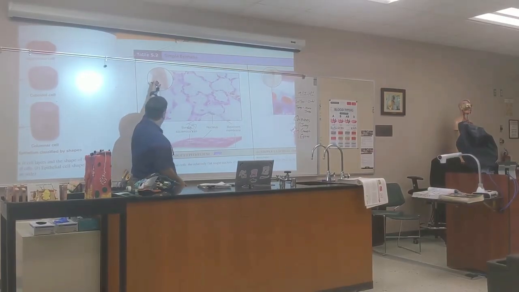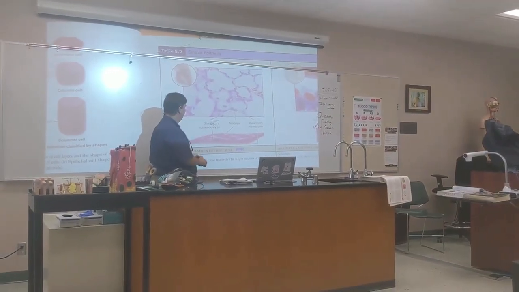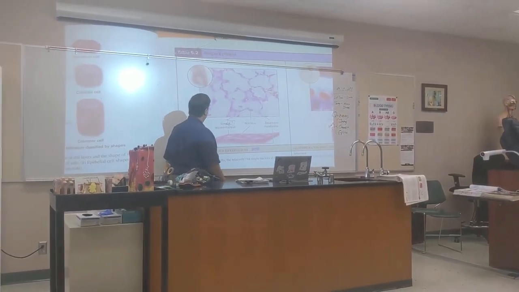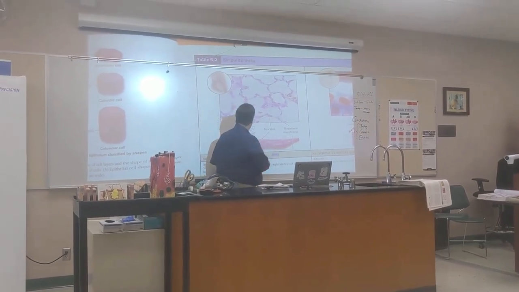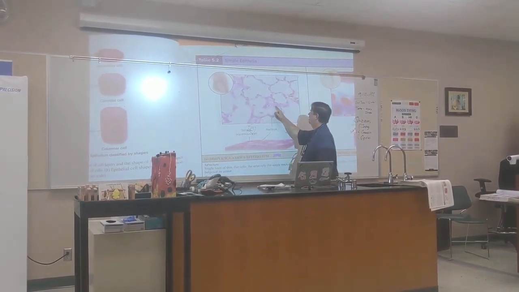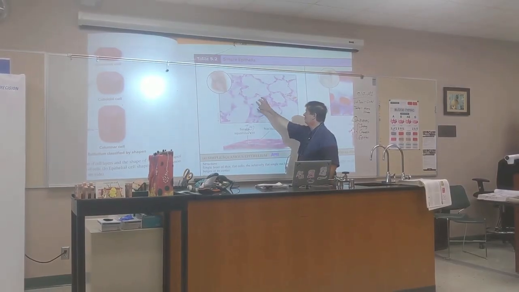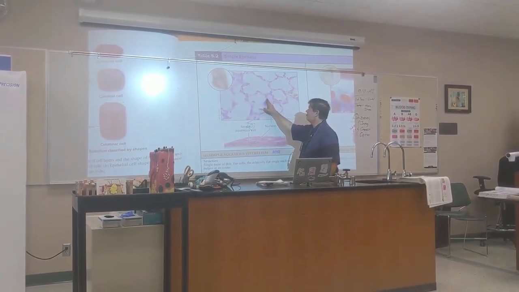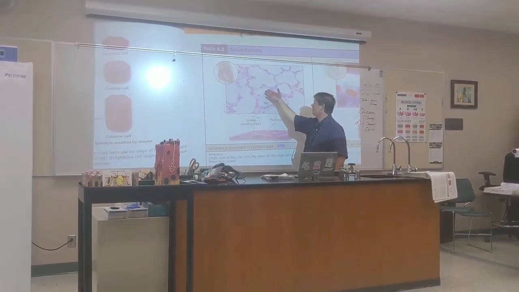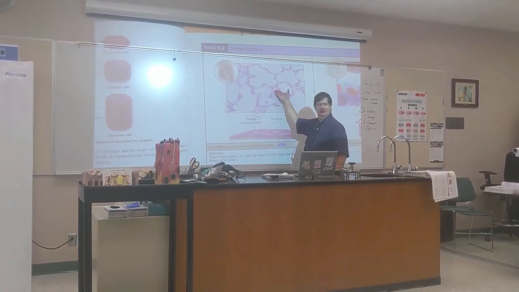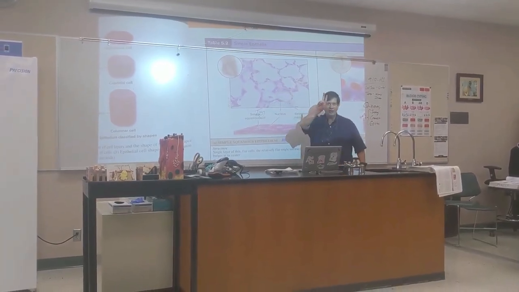This is lung. This is the air sacs in the lungs. Let's talk about that. Here, you have capillary. And here you have air. Look at how thin the barrier between air and blood is. It's 2 cells thick.